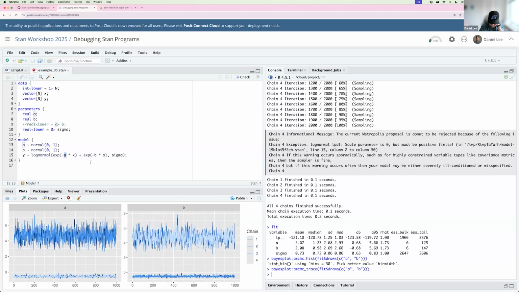A and B should be both of those values. The distribution of A should incorporate both of those values.